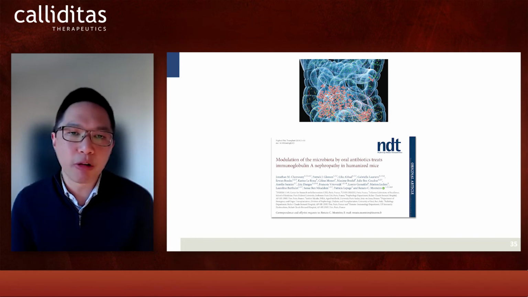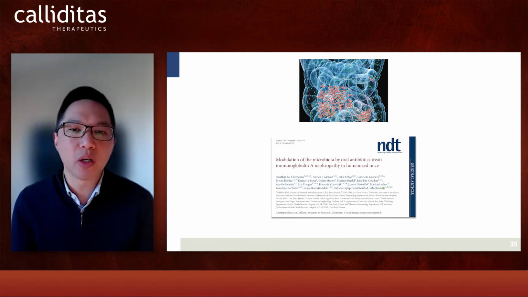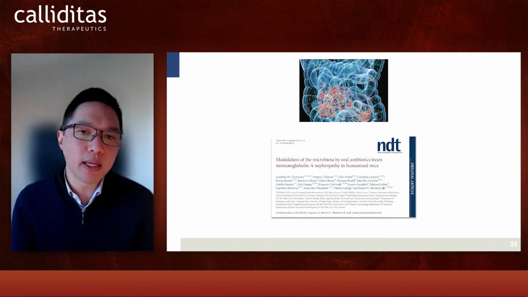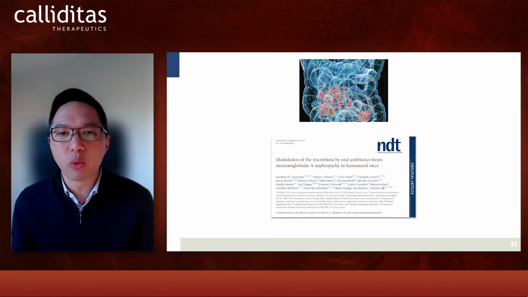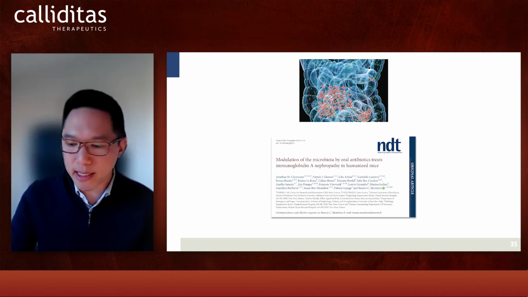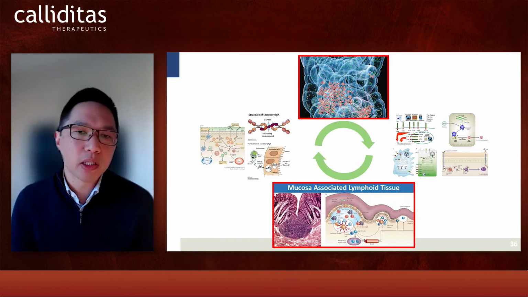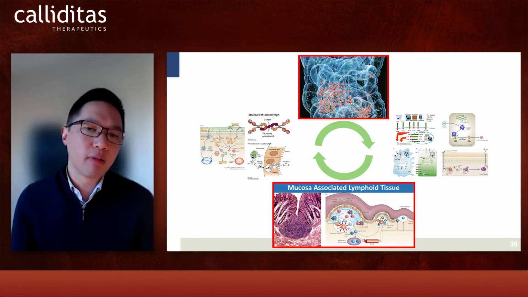Clearly, that's not an approach that we can take in humans, but there is now a lot of focus looking at whether we can target the gut, especially the gut microbiome, to try and influence the natural history of this disease.